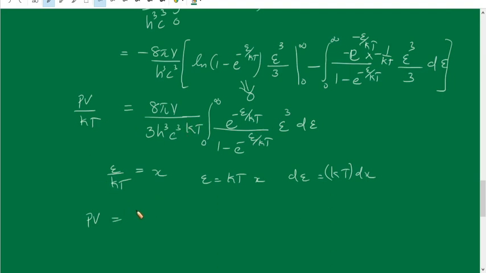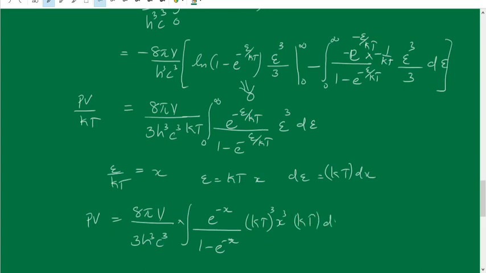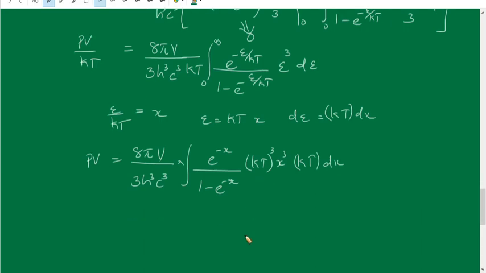Therefore PV is equal to 8πV divided by 3h³c³ into the integral of e^(−x)... So first we put this e^(−x), so this will be e^(−x) divided by (1 − e^(−x)) into ε³, and ε³ is (kT)³x³, then dε is equal to kT dx.